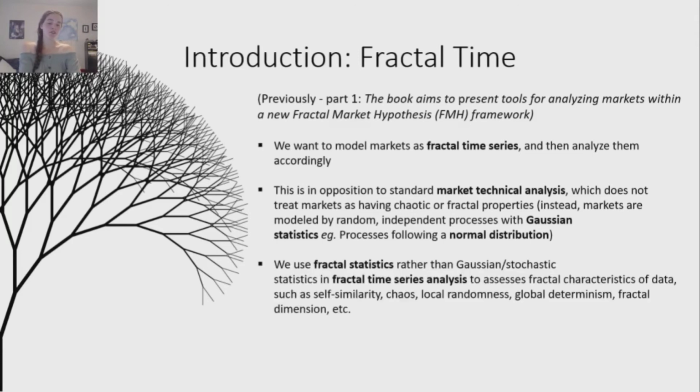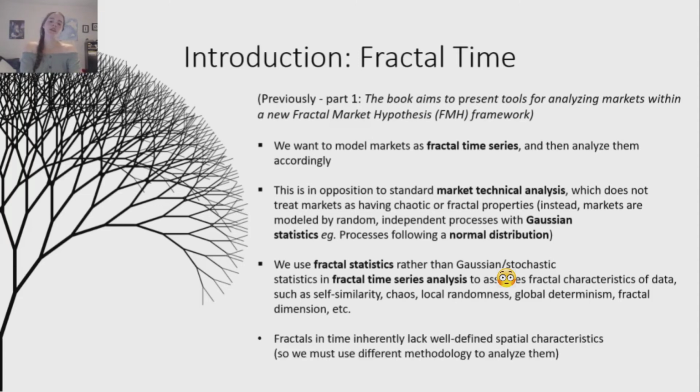We use fractal statistics rather than Gaussian stochastic statistics in fractal time series analysis to assess fractal characteristics of data, such as self-similarity, chaos, local randomness, global determinism, fractal dimension, etc. And again, fractal dimension is going to be pretty important when we analyze fractal time series, because again, fractal dimension is that one way that we can quantify fractals in a sense.